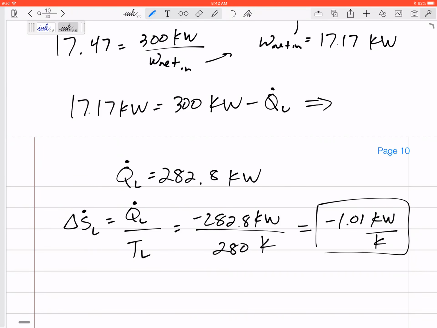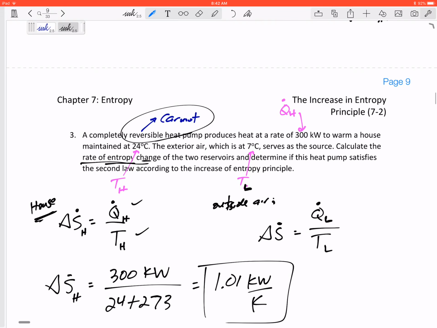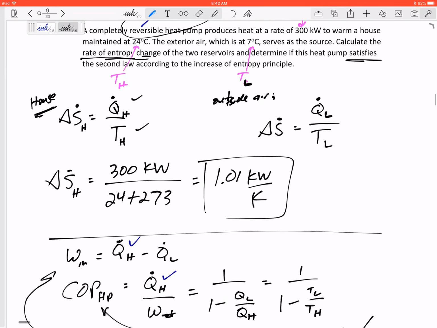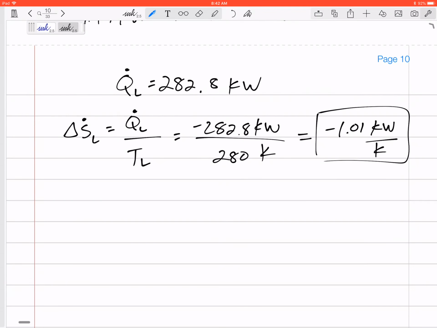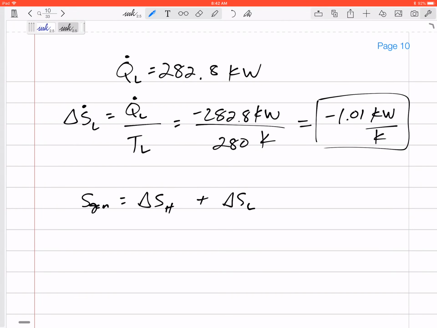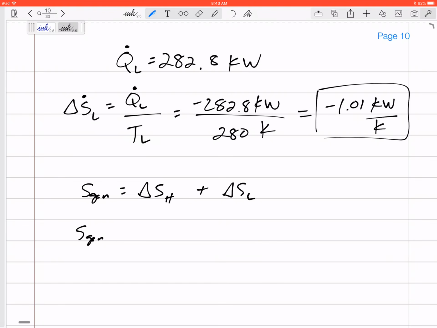So I've found both the rate of entropy change of the source, rate of entropy change of the sink. And then it asks, does it satisfy the second law? Well, the S gen, the delta S of the whole system, of the house plus delta S of the outside air, it's got to be positive or equal to 0. And so we can see, we found that the S gen of the house was positive 1.01 kilowatts per Kelvin.